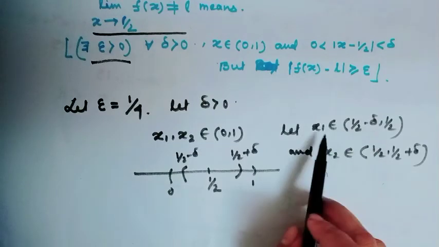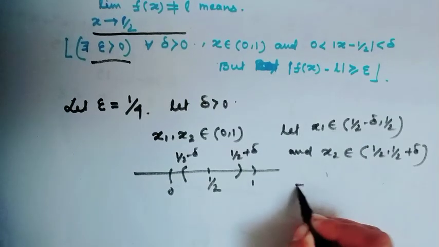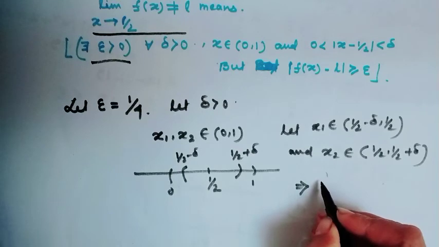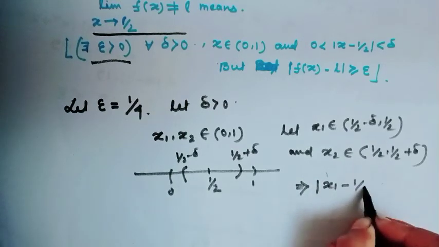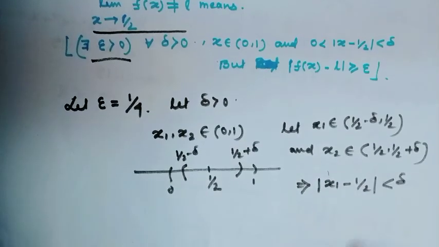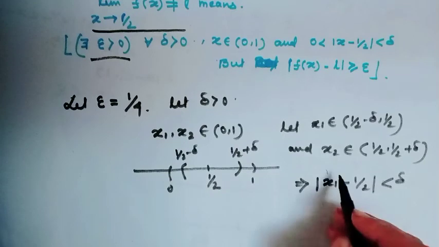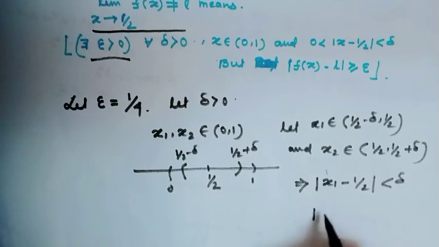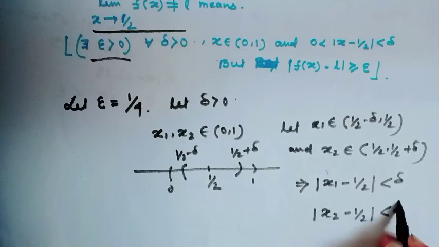From this relation we can write absolute value of x1 minus 1/2 strictly less than delta, and we can also write |x2 minus 1/2| strictly less than delta.